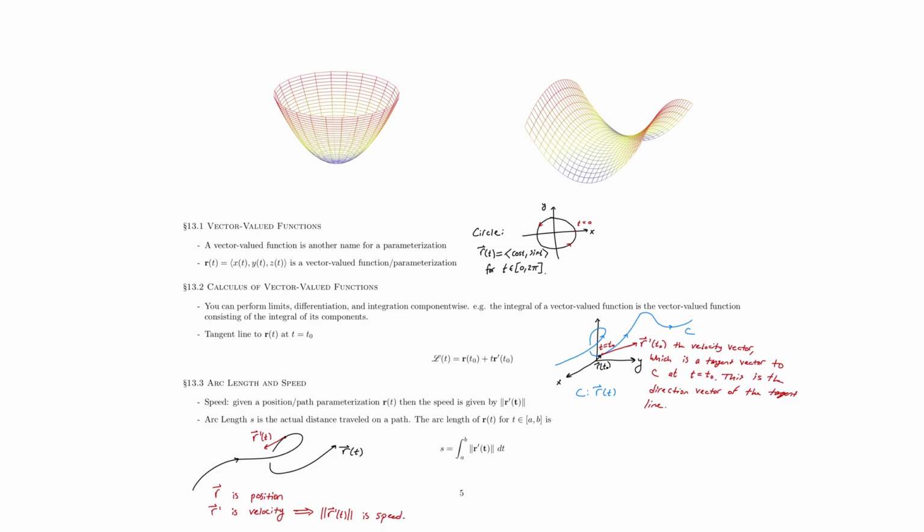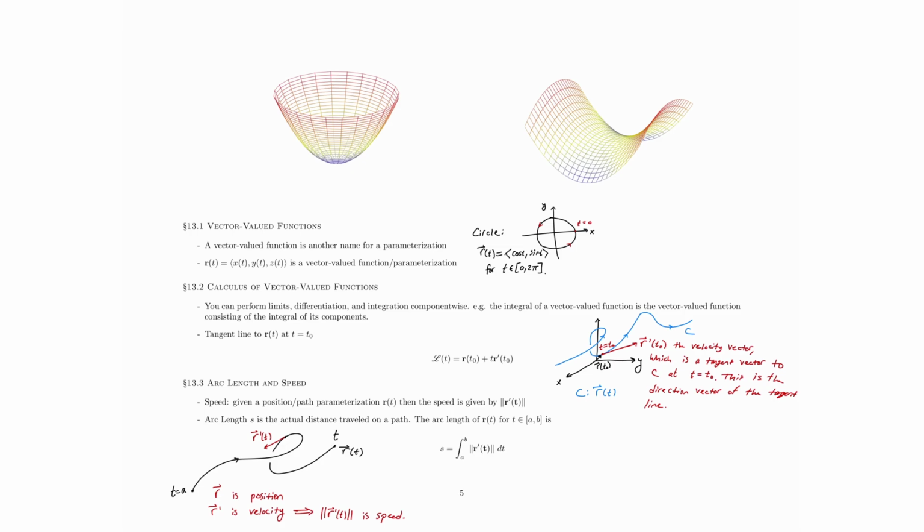So if you know what your speed is at all times, and you want to know how far you have traveled, then that is exactly what arc length is. So for instance, on this path here, if we go ahead and limit this, let's say this corresponds to some initial value t equals a, and instead of making this an arrow, let's just make this a dot.